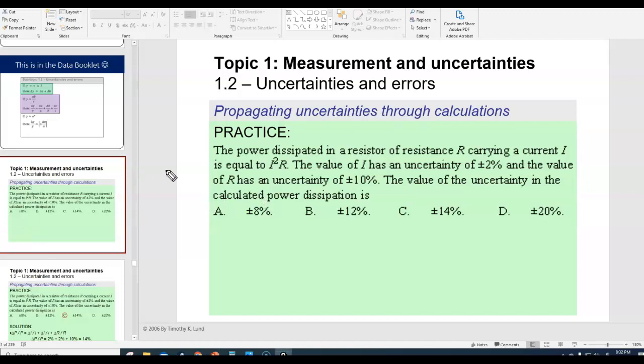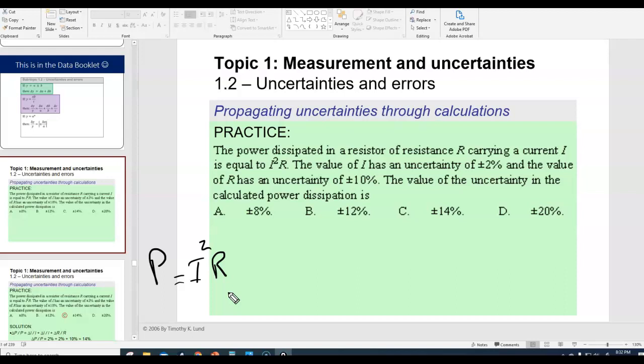You probably have no clue what power dissipation means, or resistance, current, whatever. That doesn't matter. All you need to do uncertainty calculations is some type of equation. So here's the equation. See if you can figure this out on your own. What is the uncertainty in P, given what you know about the uncertainties in I and R and the uncertainty guidelines that we've been talking about?